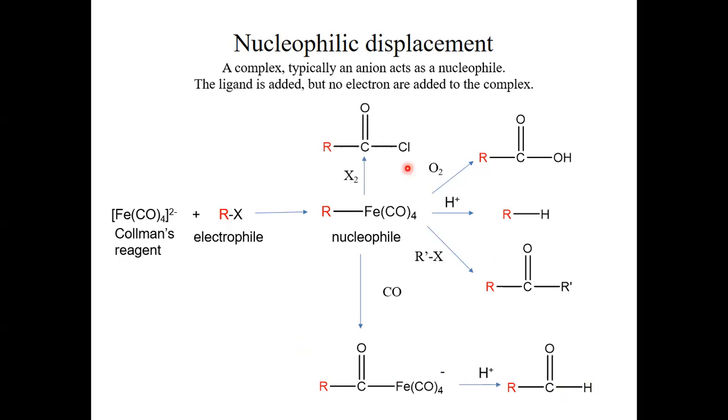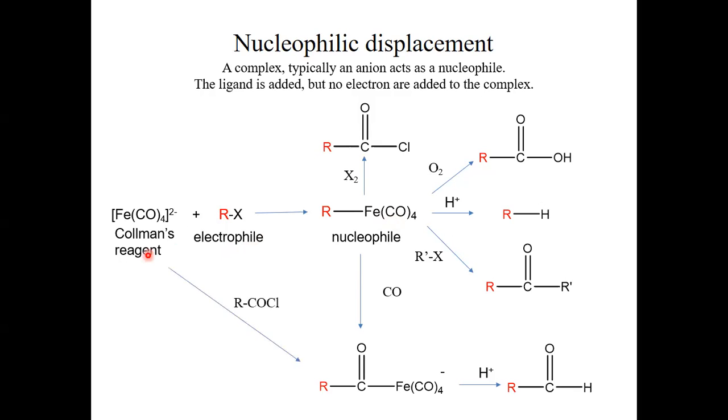All right, last but not least, you can also add a dihalogen molecule to this nucleophile, and that gives then an acid chloride. So overall, you can see that you can perform a variety of reactions using nucleophilic displacement, which is actually the reaction between these two reagents to give this reagent over there.